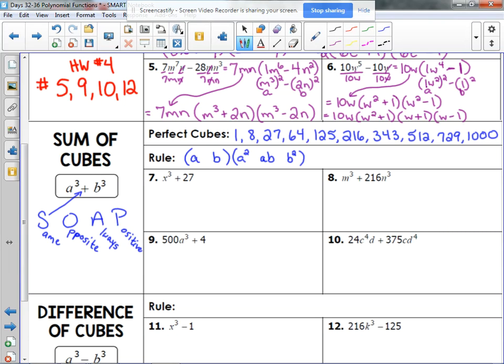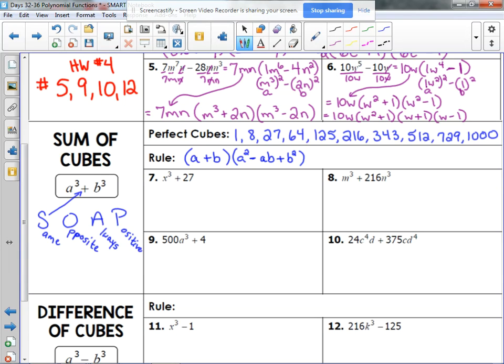Right now we're doing sum of cubes, so that sign is a plus. The opposite would be a minus, and the last sign is always positive. Same, opposite, always positive. I wait until the very end before I put my signs in there. I figure out all my numbers first, and then I go same, opposite, always positive.